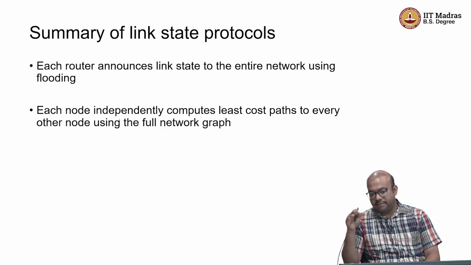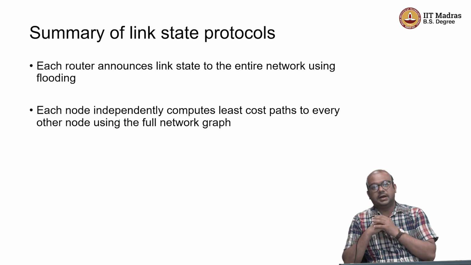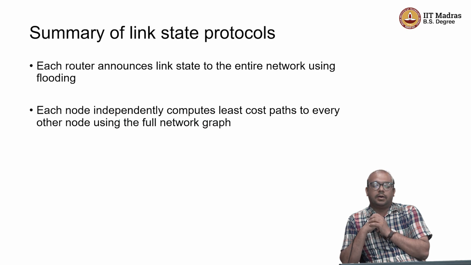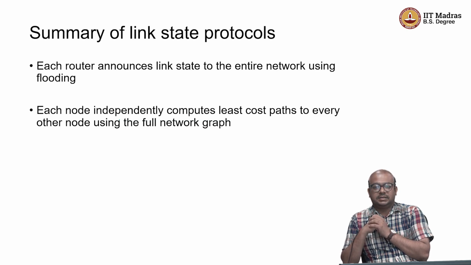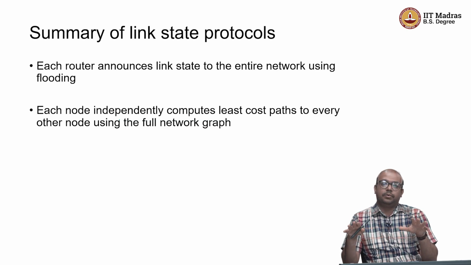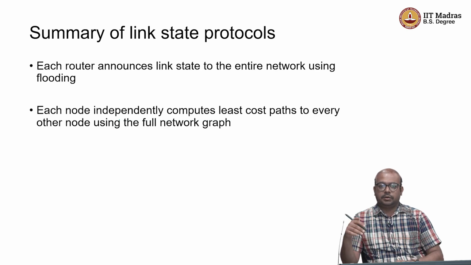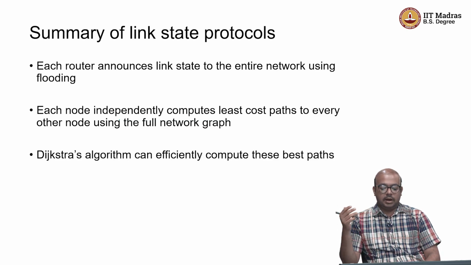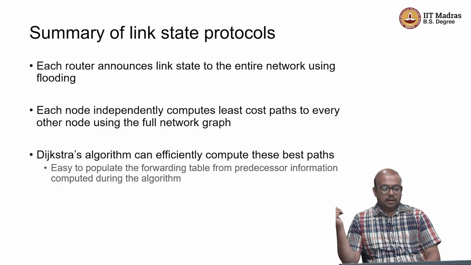After flooding and populating the link state database, each node or router creates an estimate of the entire network graph, and then each router independently runs Dijkstra's algorithm on that database. The least cost path is computed, and Dijkstra's algorithm can efficiently compute these best paths. It is easy to populate a forwarding table from the predecessor information computed by the algorithm.